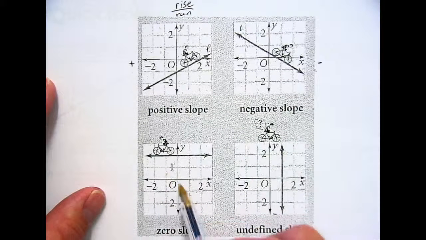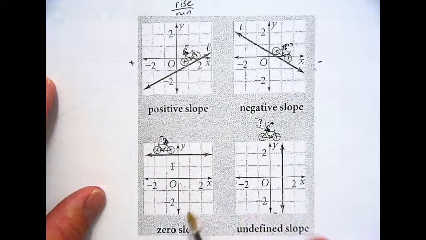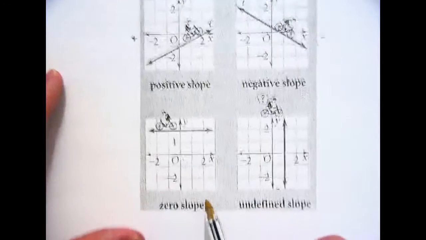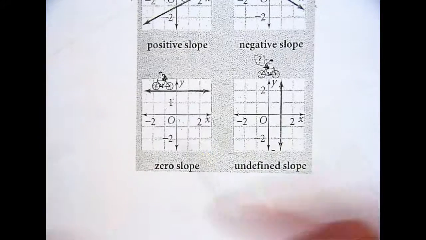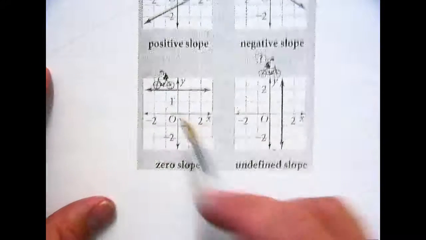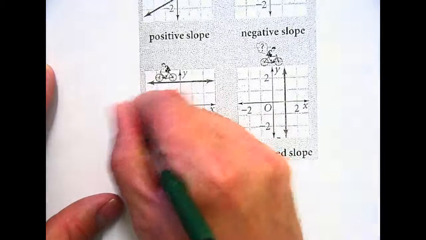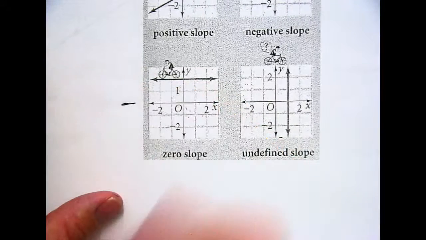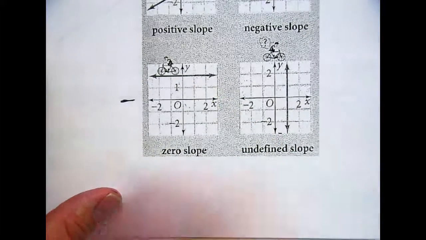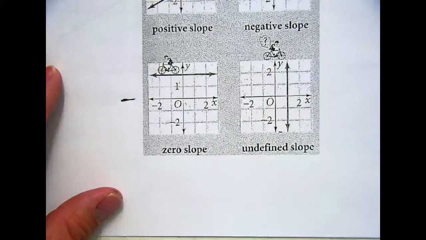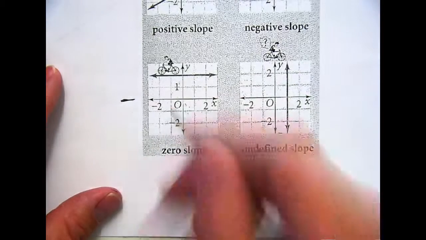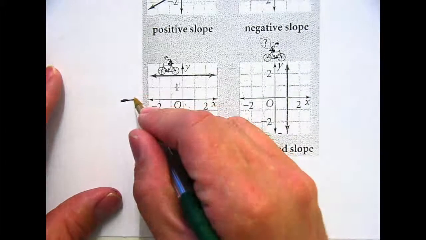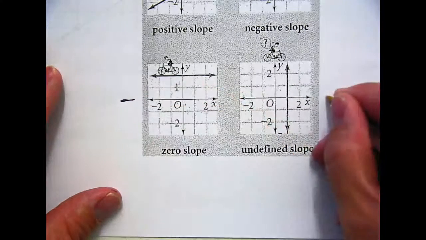Does anyone know where 0 is in your fraction when it's a 0 slope? You have a 50-50 chance, right? If this is my fraction, how many think 0's above the bar? How many think 0's under the bar?